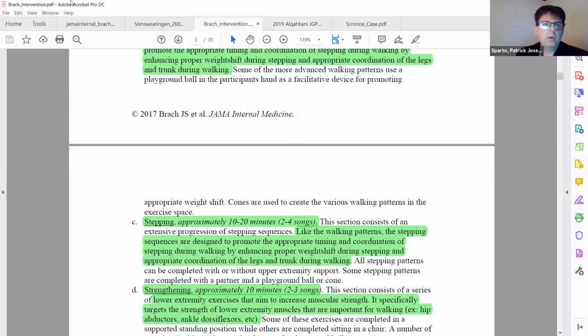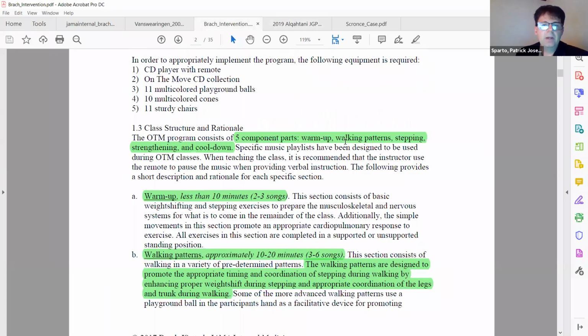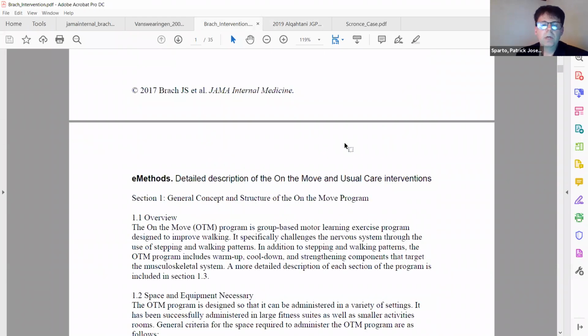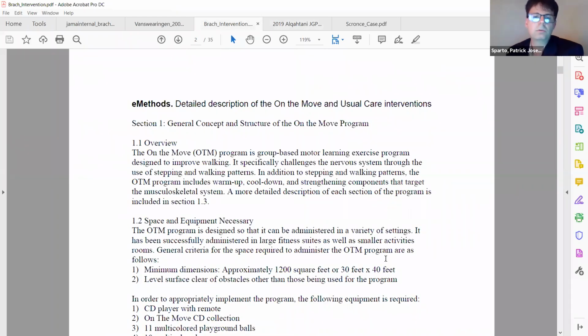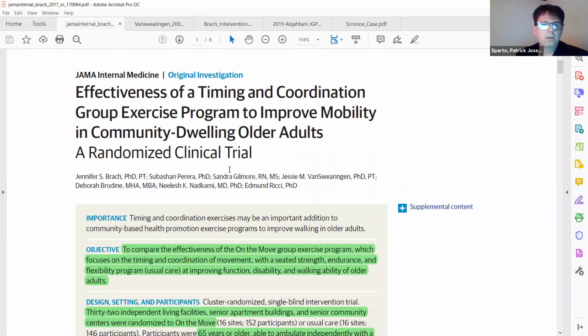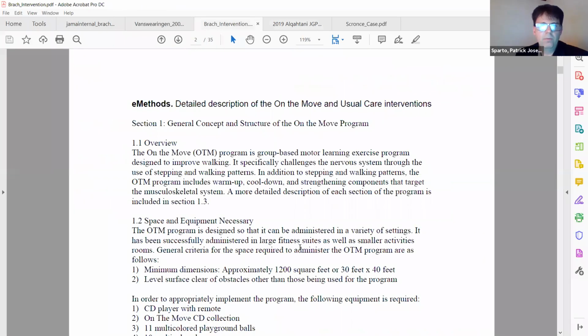right now I'm showing the treatment manual. If you go to the article, that's the main article in JAMA Internal Medicine, and I'll just show that briefly here. One of the supplemental files is the intervention manual.